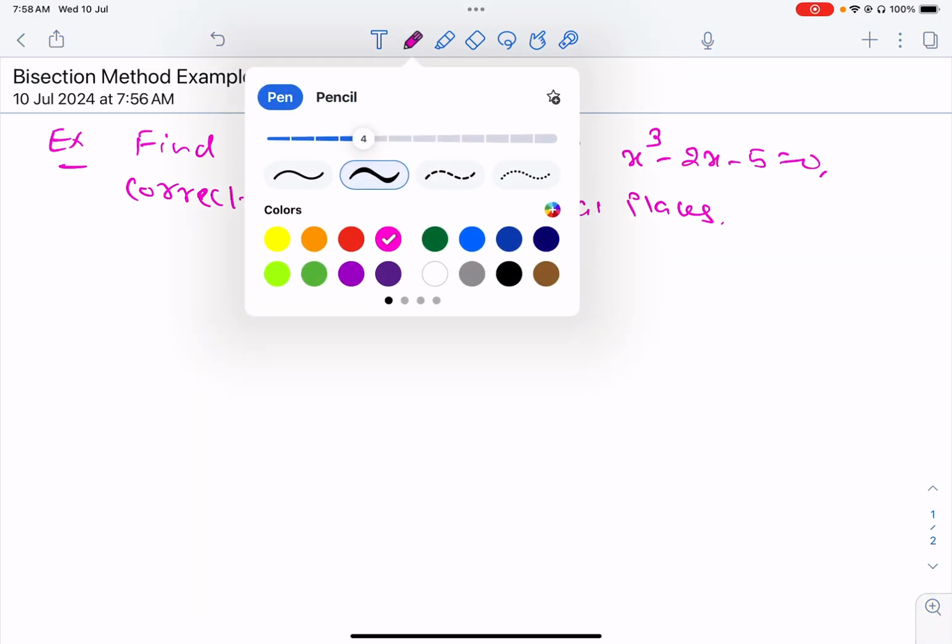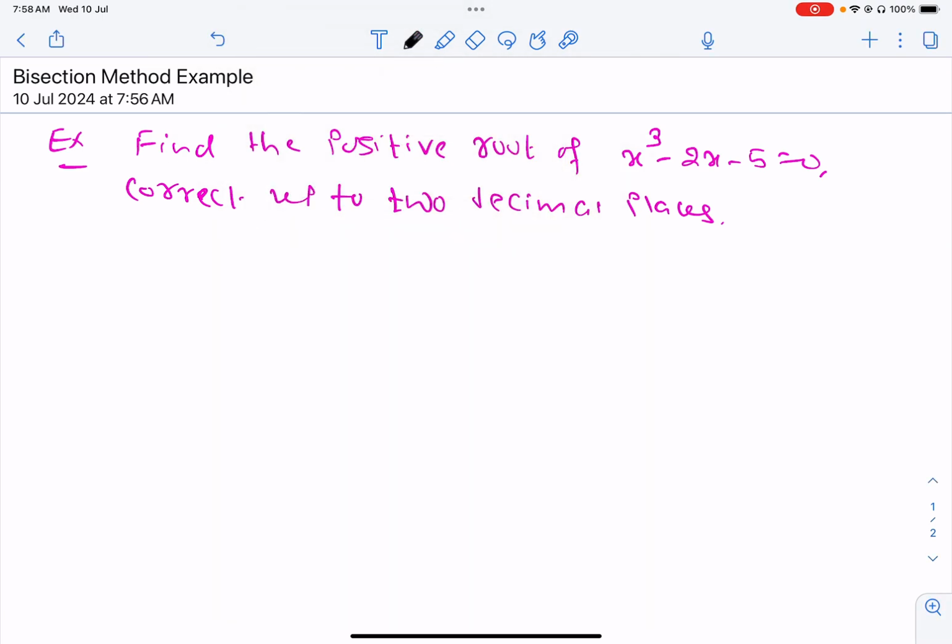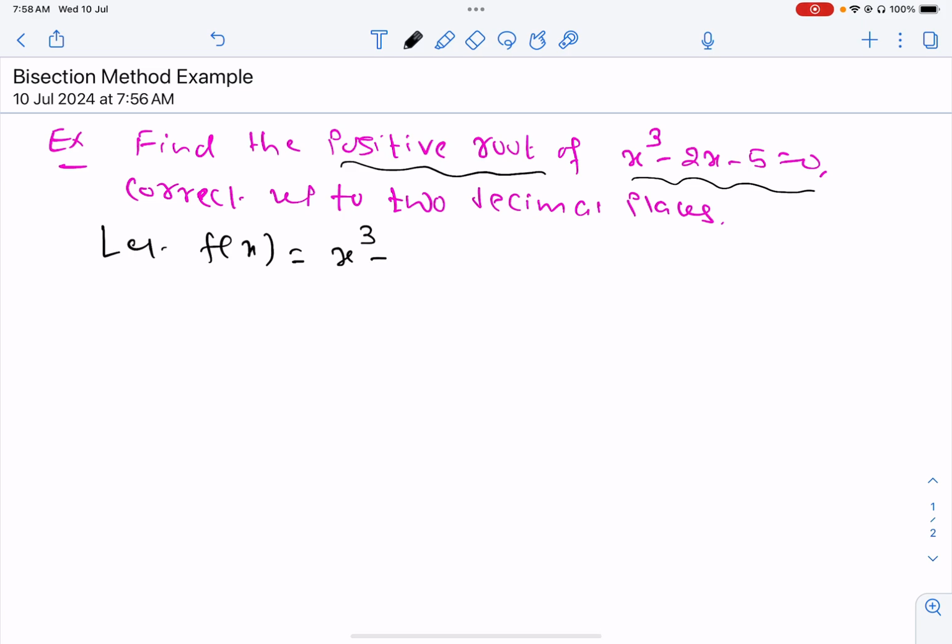Okay, so this is a cubic equation, and one more thing we need to take care of is the positive root. It may have a negative root also. So let f of x be x cube minus 2x minus 5.